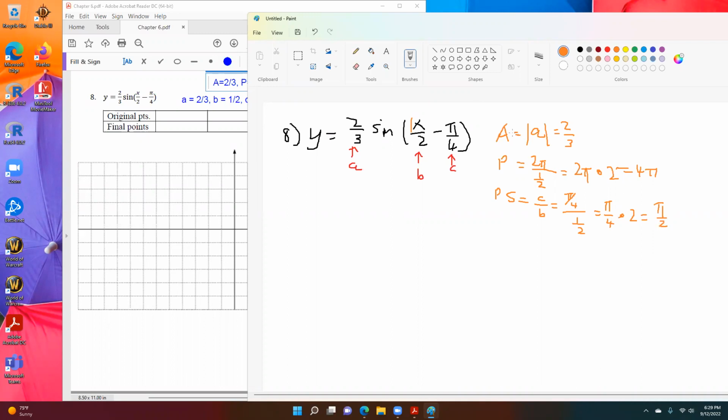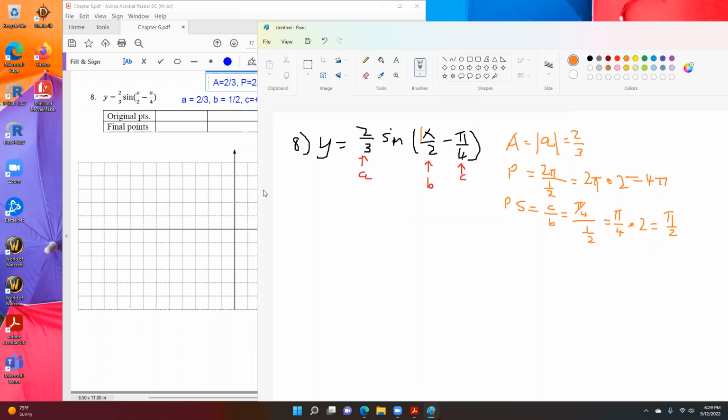So this is your amplitude, period, and phase shift for this question. This question is a sine graph. So the original points for the sine wave are going to be 0, 0. That's your first original point here.